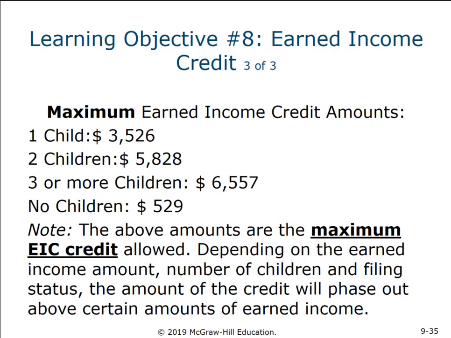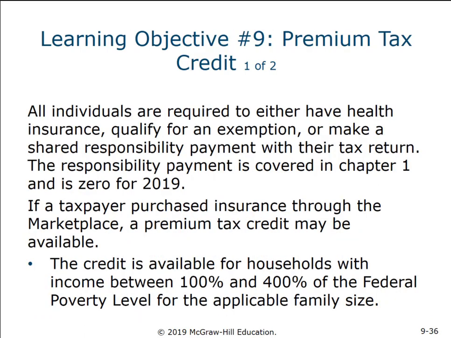So you have no children, 1 child, 2, and then 3 or more, on the table. So you look up the table with AGI, then you look it up with your earned income, and you take the lower of the 2. So most people do that rather than trying to do all the phase outs and the different calculations, which is somewhat involved.